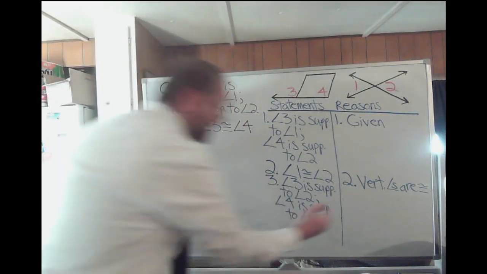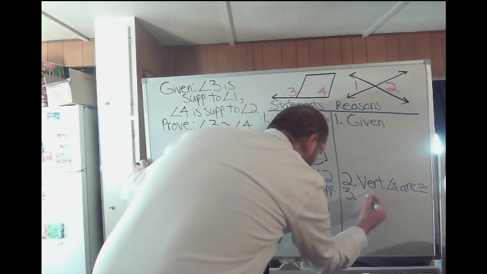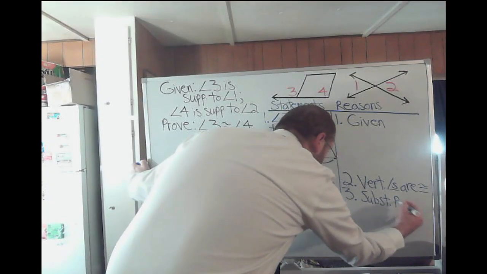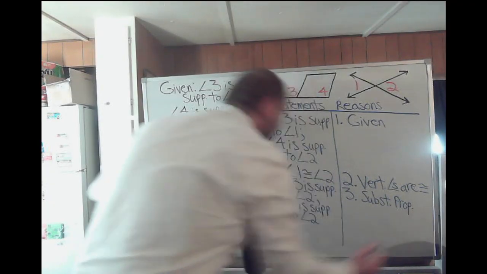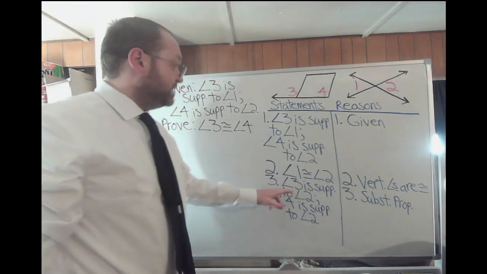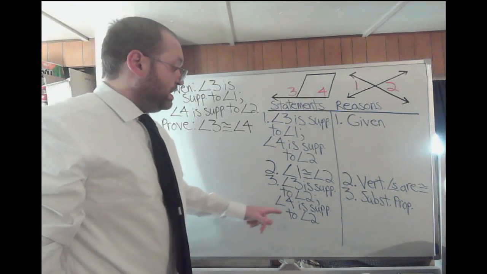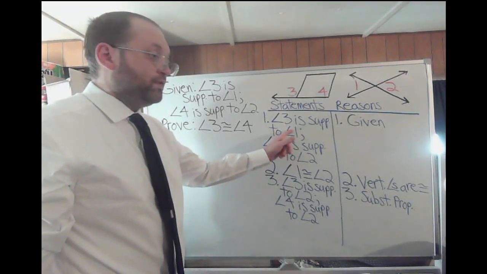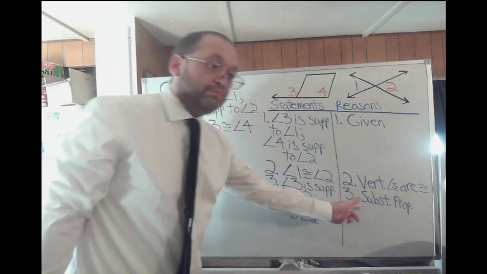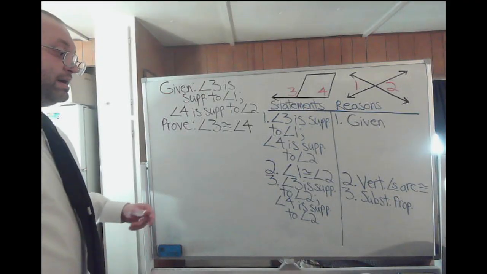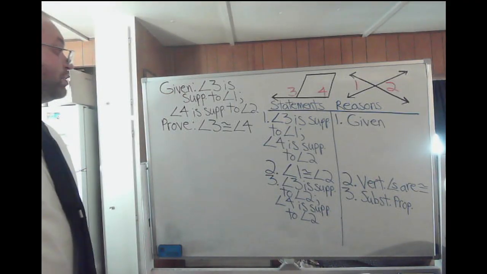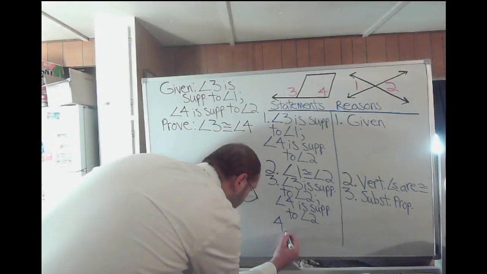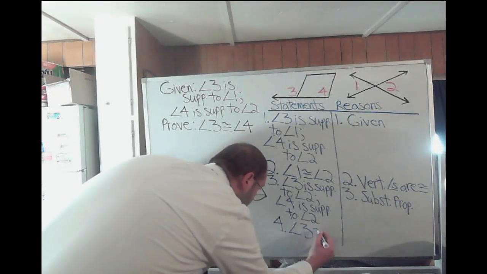We can do that by the substitution property. By the substitution property, we can say that angle 3 is supplementary to angle 2, and then angle 4 is supplementary to angle 2. So all I did was substitute angle 2 for angle 1 in the original statement by the substitution property. And then we are now able to proceed to saying angle 3 is congruent to angle 4. We can go ahead and say that right now. How?